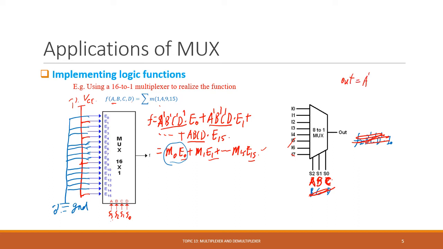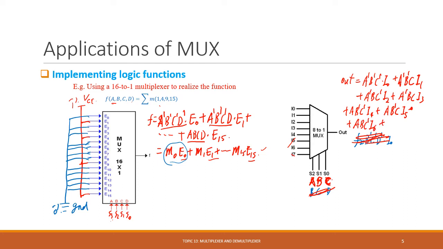It's equal to A prime, B prime, C prime, I0, or A prime, B prime, C, I1, or A prime, B, C prime, I2, or A prime, B, C, I3, or A, B prime, C prime, I4, or A, B prime, C, I5, or A, B, C prime, I6, finally A, B, C, I7, right? That's the output function for this multiplexer.